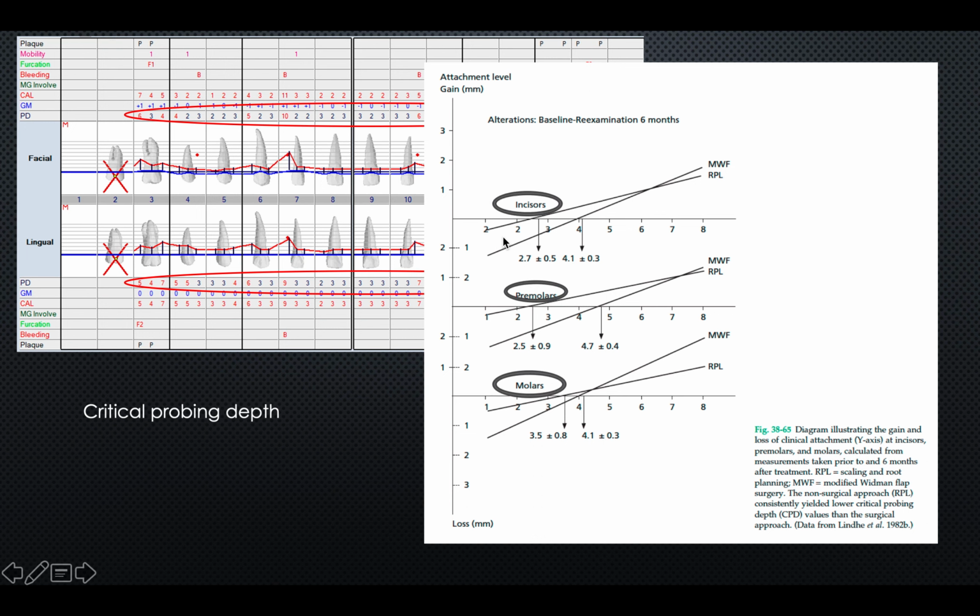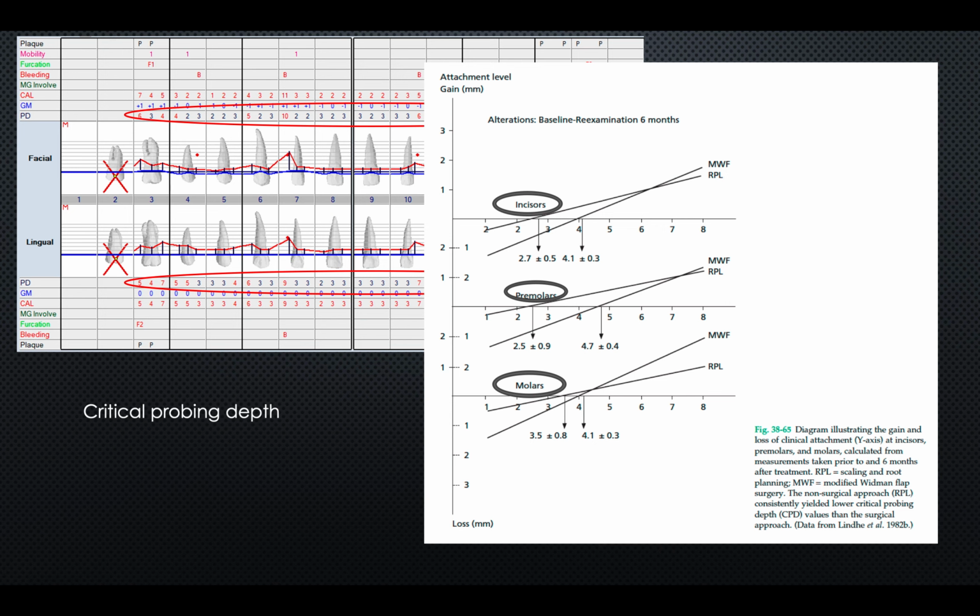Here you see that they divided the teeth into incisors, premolars and molars. On the x-axis, I have the initial probing depth, so focus on this. The y-axis is the clinical attachment, either gain or loss, and the horizontal x-axis is the initial probing depth.